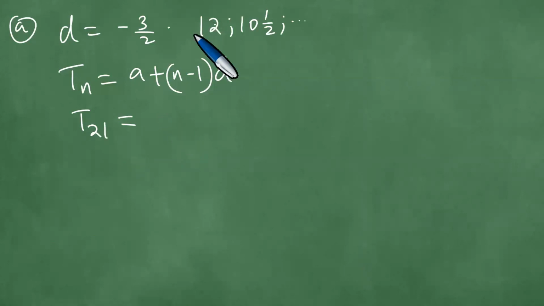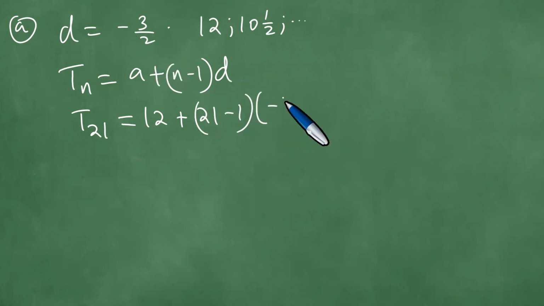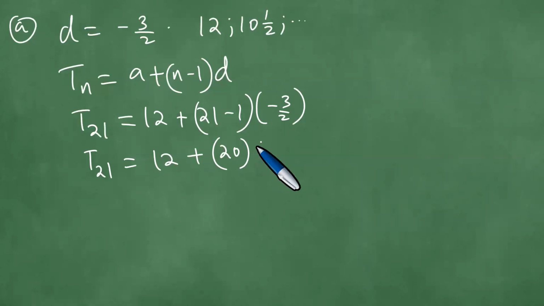Okay, the first term we can see is 12. But it's the 21st term, so n is 21. The common difference we've already seen is minus 3 over 2. So it's 20 times minus 3 over 2.